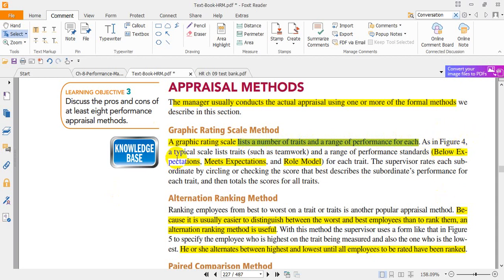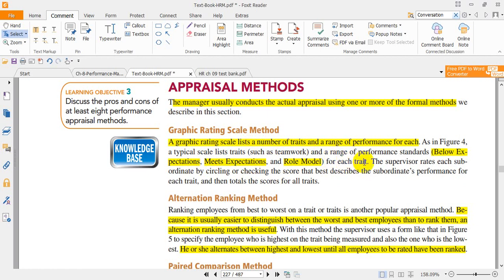As in figure number 4, a typical scale lists traits such as teamwork and a range of performance standards: below expectations, meets expectations, and role model. It's a scale.